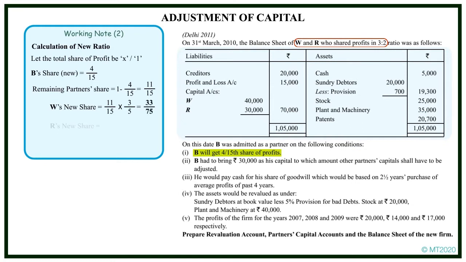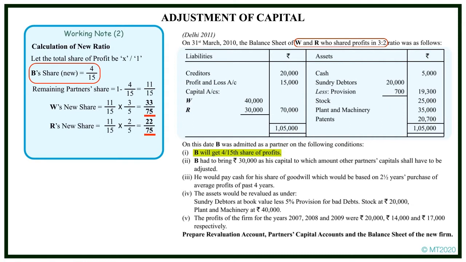Similarly, for R, the new share comes as remaining share 11 by 15 into his old share 2 by 5, which is equal to 22 by 75. So to find out the new ratio among W, R and B, we have to make sure that the share of B, which is 4 by 15, is converted into the equal denominator, as we can see for W and R, which is 75.